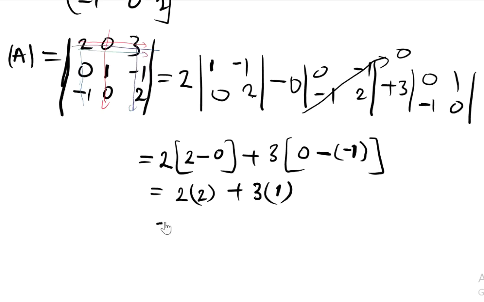So this is equal to 2 multiplied by 2 is 4, plus 3 multiplied by 1 is 3. So the final answer is 7. The determinant of the matrix A is 7.